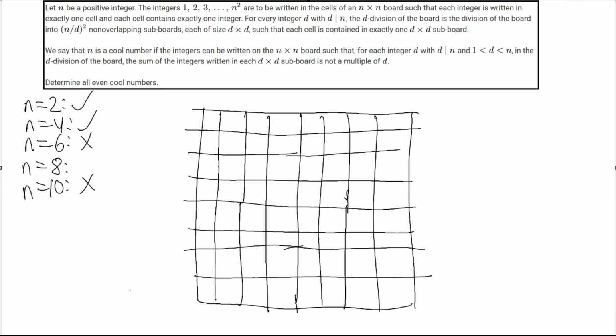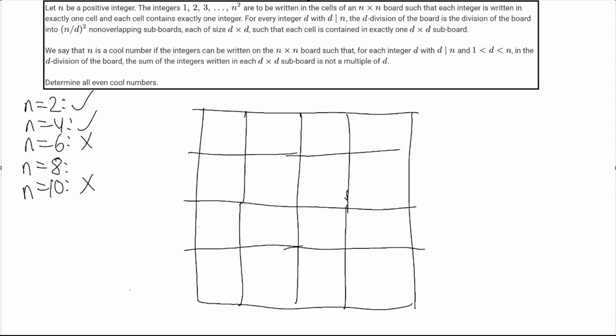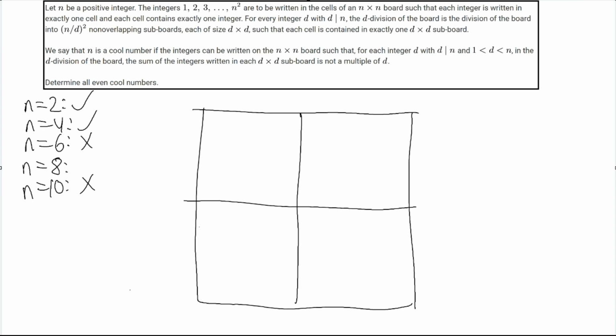Well, notice how in our first step, we already had these four 4x4 grids. And we already solved the problem for n equals 4. So this might mean something.